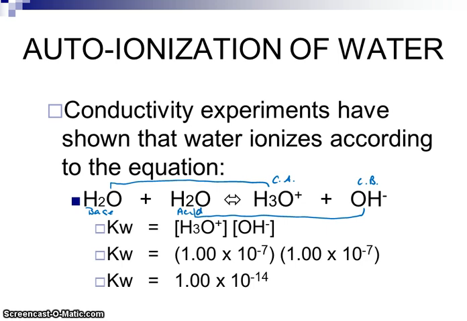We know that equilibrium expressions at a given temperature are constants, so Kw equals 1.00 times 10 to the minus 14. What that will allow us to do is calculate hydronium ion if we know the hydroxide ion concentration, and calculate the hydroxide ion concentration if we know the hydronium ion concentration.